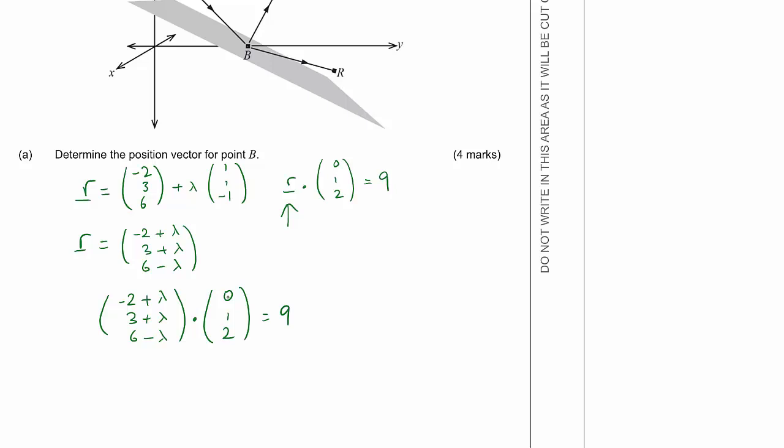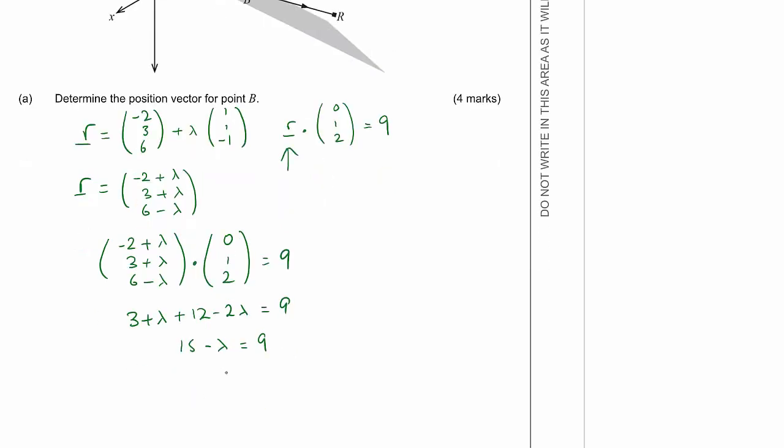Well, this is times 0, so it disappears. And then we have 3 plus lambda, which is times 1. And the 6 minus lambda is multiplied by 2, so that's going to give me 12 take away 2 lambda. That's equal to 9. So that gives me 15 take away lambda equals 9, and therefore lambda equals 6.